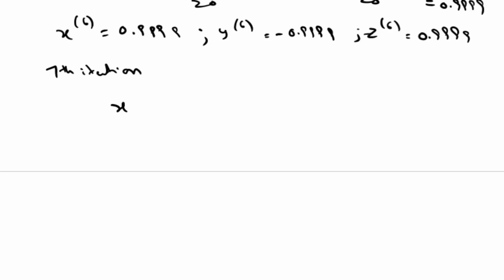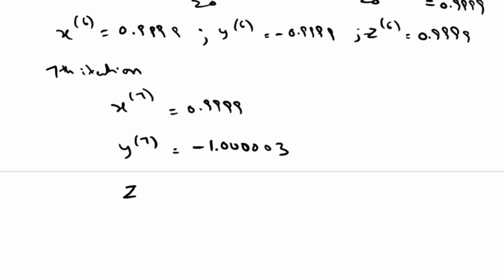Similarly, by using these values you can substitute in the above formulas and get the values. So in the seventh iteration x is 0.9999, y is -1.503, z is 0.9999. You can conclude the values of x equals 1, y equals -1, z equals 1.